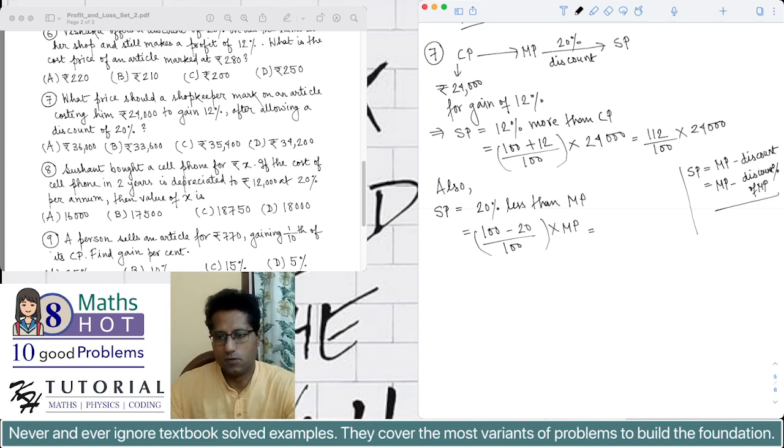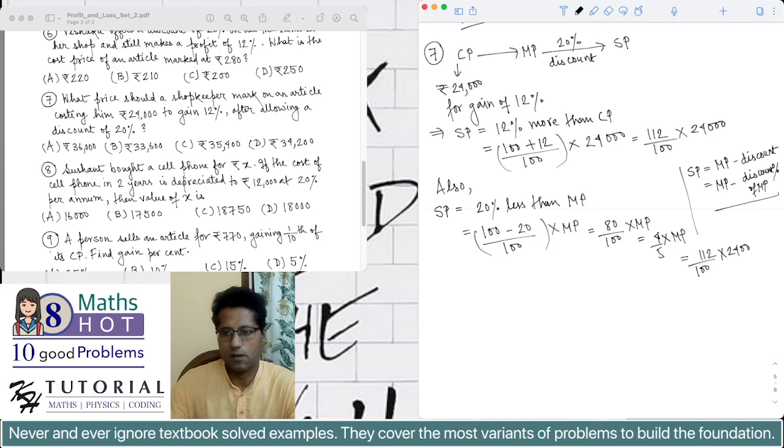So this is equal to 80 by 100 multiplied by mark price, which after simplification is 4 by 5 multiplied by mark price. This is equal to 112 by 100 multiplied by 24,000.